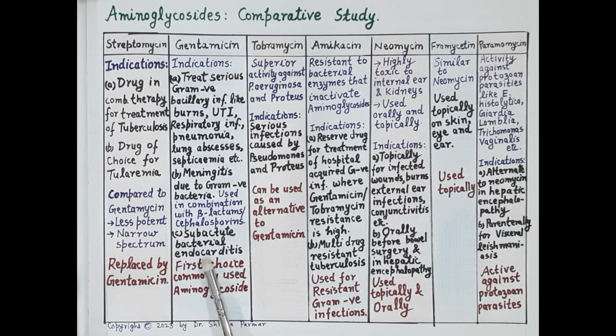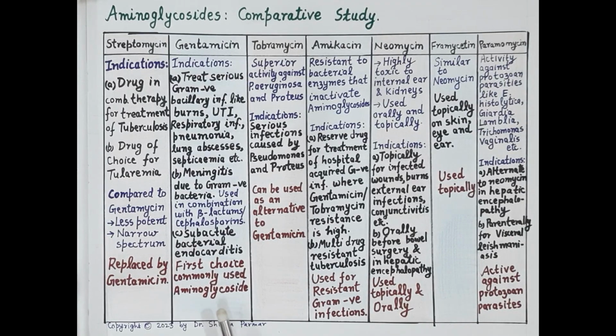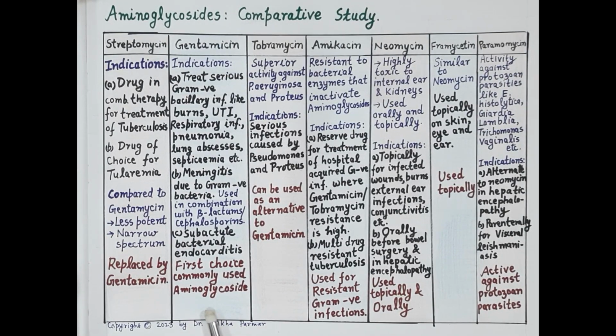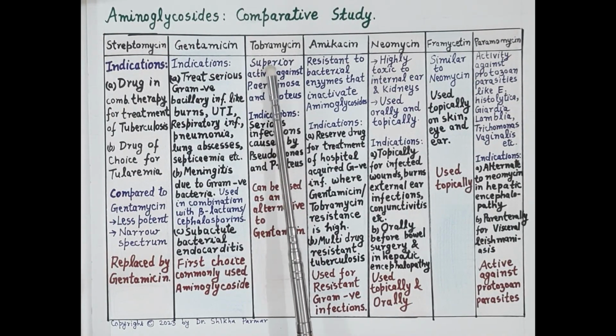Gentamicin is also effective in the treatment of subacute bacterial endocarditis. Generally, it is used in combination with penicillins, ampicillin or vancomycin because of the synergistic effect. And as already discussed, gentamicin is the first choice aminoglycoside that is commonly used. Now, the next aminoglycoside is tobramycin.